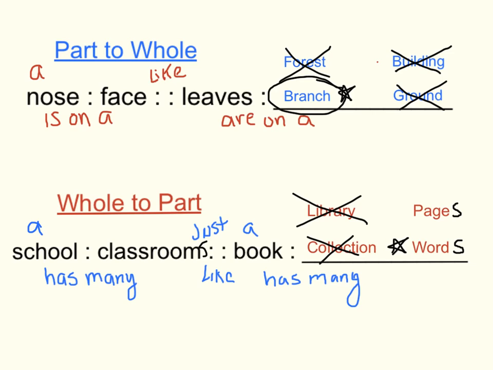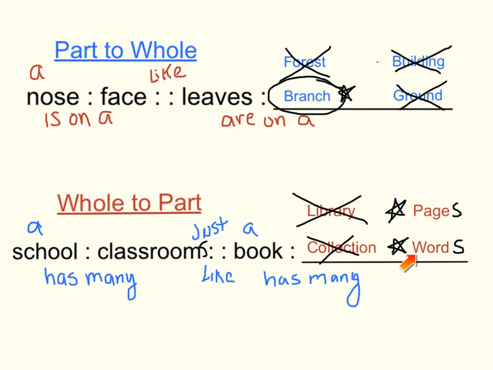A school has many classrooms, just like a book has many pages. Well, books definitely have a lot of pages. So those are both good options. So now we have pages and words as our two options. Both make sense, don't they? So now I have to think, which one makes the most sense? Which one is the best possible answer?